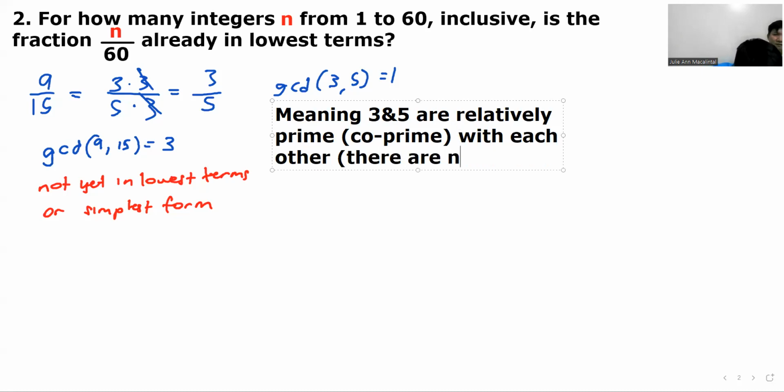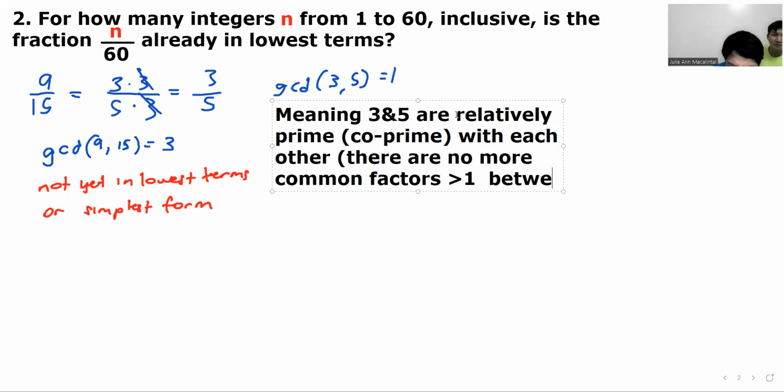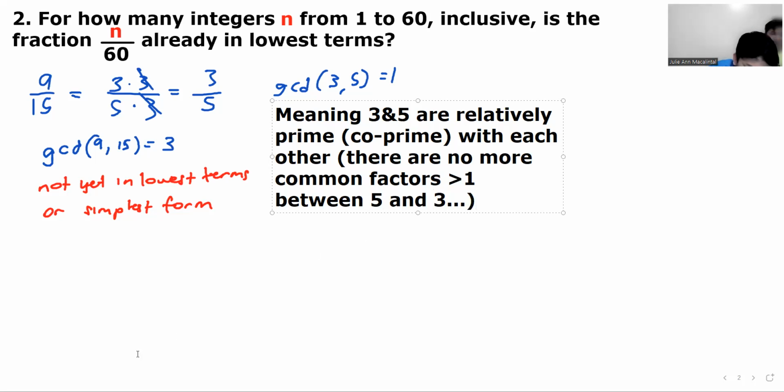Why? Yes, there are no more common factors greater than 1 between 5 and 3. So when the GCD of two numbers is just 1, then they are already in their lowest terms.